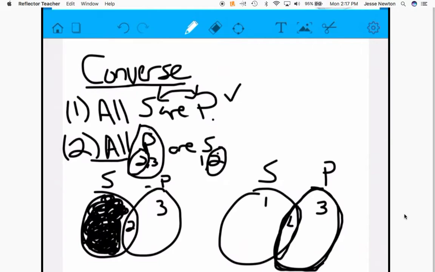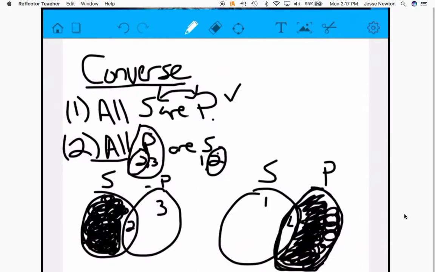If all the P's exist in the world, where are they not? We know they're not in 1 by definition, but where else are they not? They're not in 3. And what we do to show that all P are S is we shade in this area right here. By shading this in, every P that exists is limited to the region of 2.